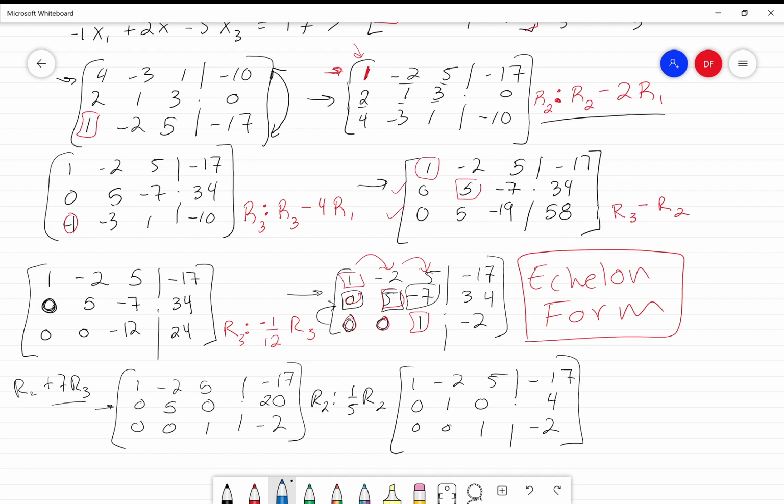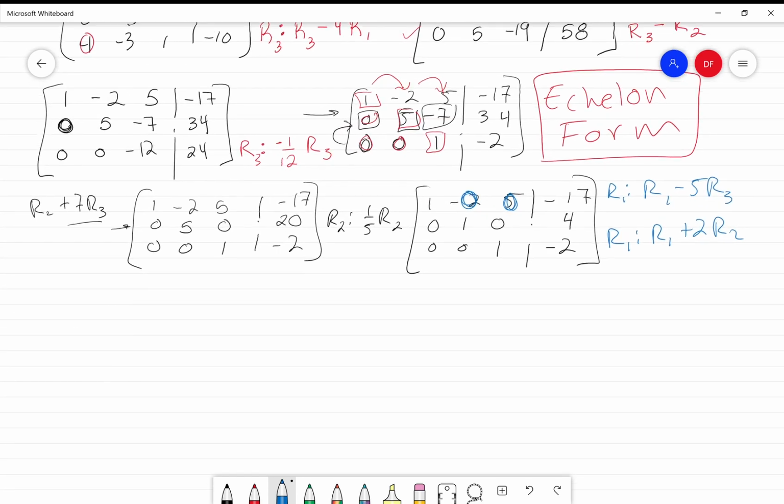So I can let you finish up this problem, but basically you're going to want to replace row 1 with row 1 minus 5 row 3 so that this one becomes a 0. And then you're also going to want to do row 1, replace row 1 with row 1 plus 2 times row 2, and that will make this one a 0 as well.